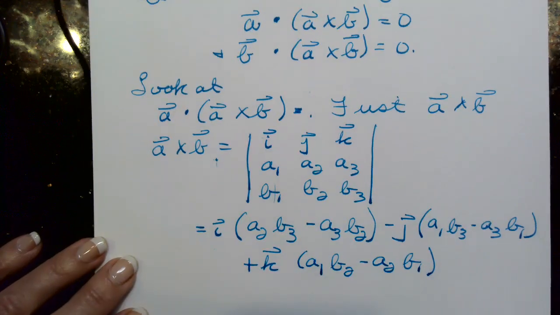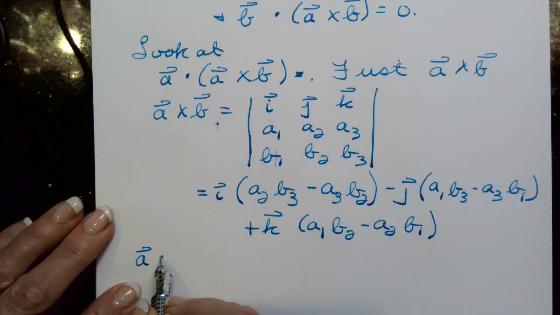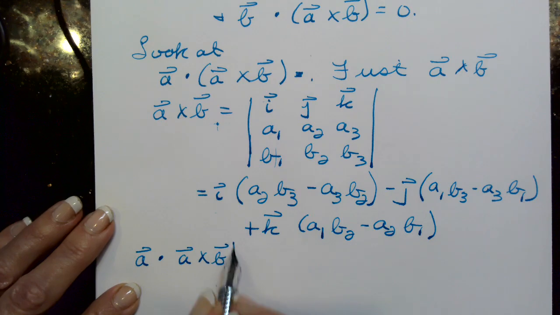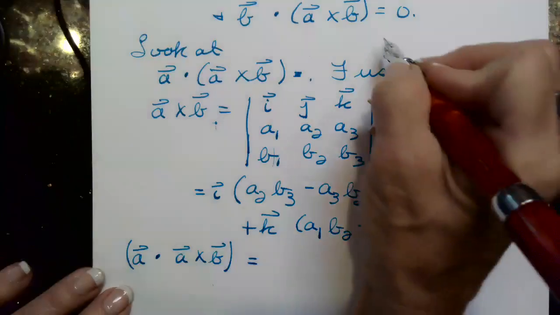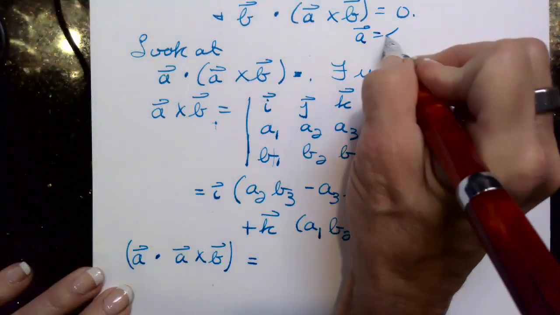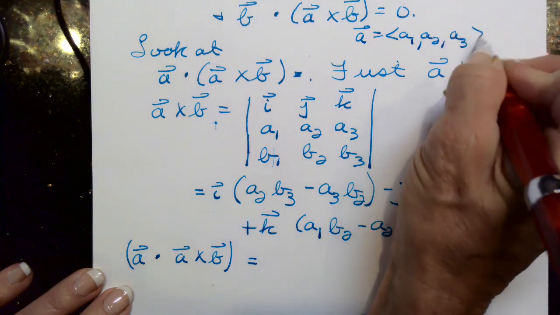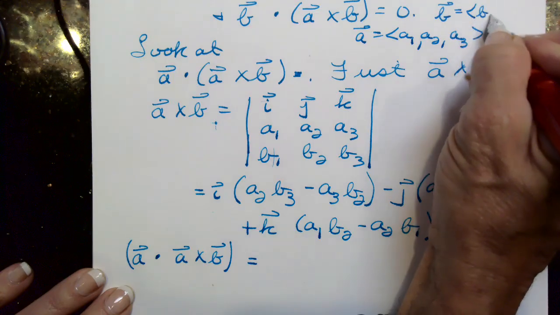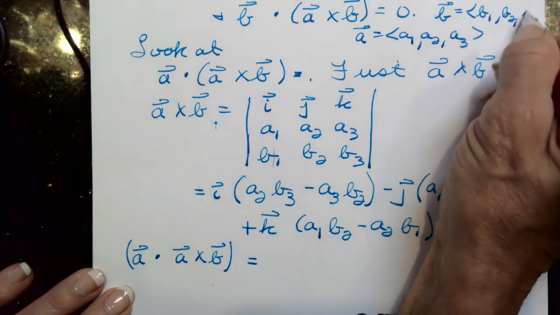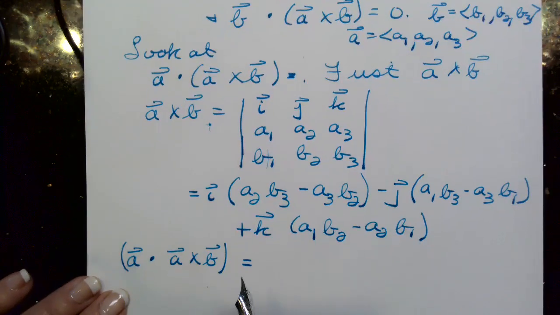Now let's take the vector A and dot it with A cross B. I'm thinking of the vector A as having components A1, A2, A3, and B as the vector with components B1, B2, B3.